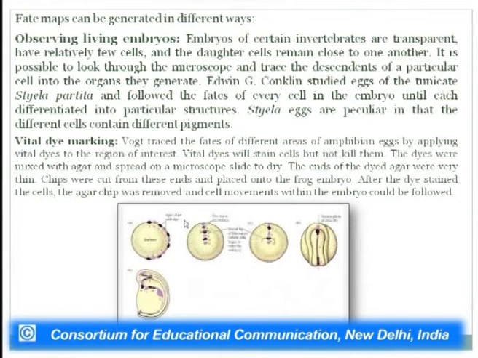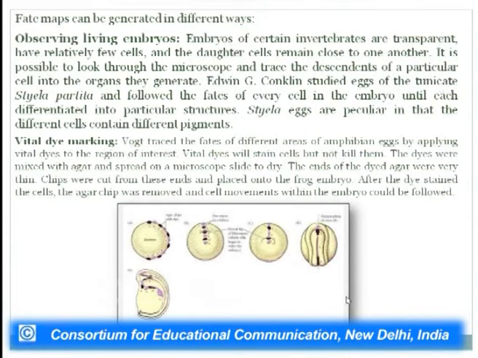So, this is the frog embryo which is growing. These chips were taken from the agar which contained the vital dye, and they were placed at different regions. Then after the dye stained the cells, the agar chip was removed and cell movements within the embryo could be followed. So, the cells were not dead.